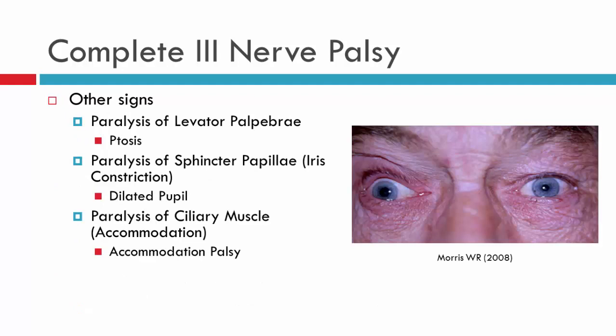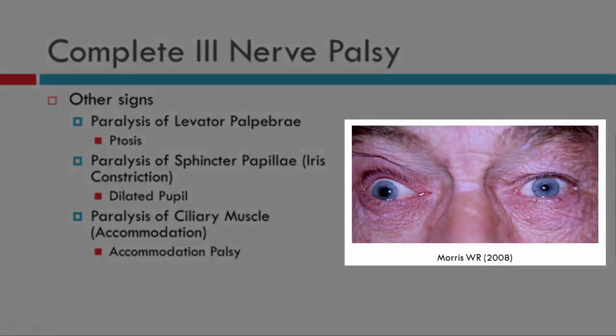Okay, we've mentioned so far the ptosis that a patient may have, and we can see here the patient to the right is having their right lid elevated. We can see the down and out eye, but now we also see there's pupil dilation here.